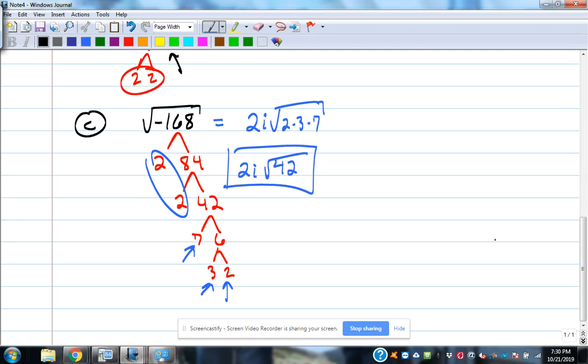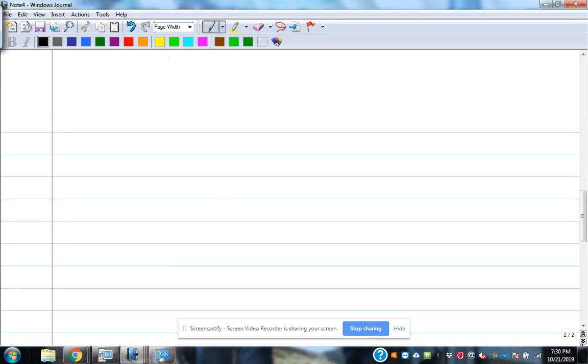Now, when you're dealing with multiplying square roots, you've got to be a little more careful when there are negatives on the inside. Okay? When there weren't negatives, the rule was just to multiply inside times inside, outside times outside, and then simplify last.